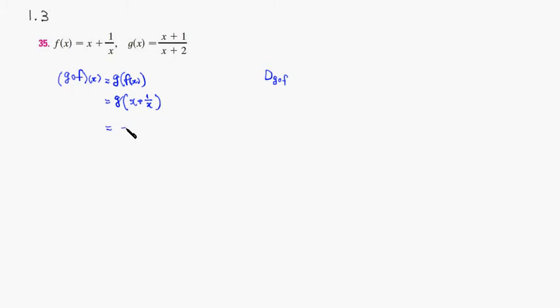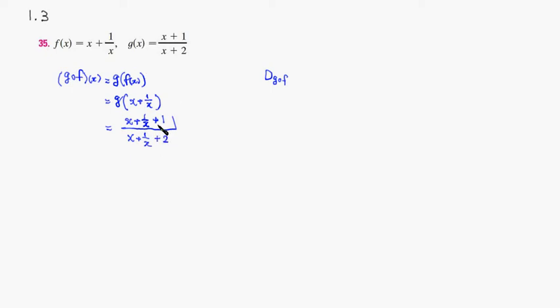So I see x here, so I'm going to put x plus 1 over x, then you have plus 1, then I see x again, so I put x plus 1 over x, then you have plus 2.